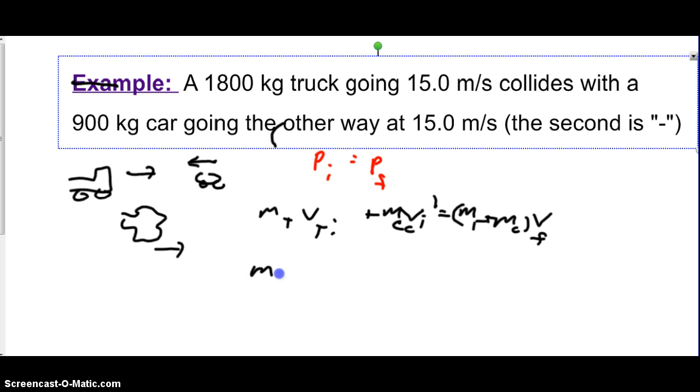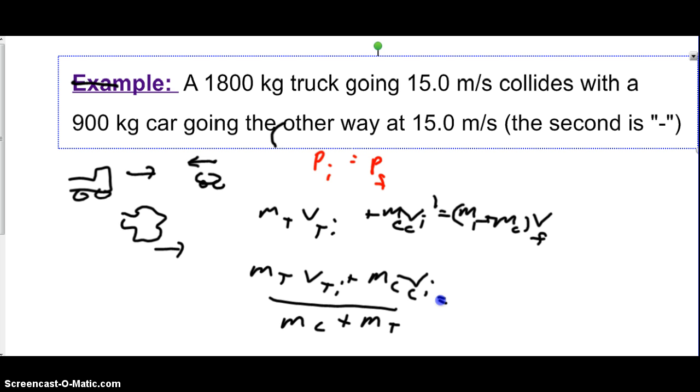So we're going to move this over here. We're just going to divide, so we get m_t v_t initial plus m_car v_car initial all over m_c plus m_t. So we plug in the numbers.